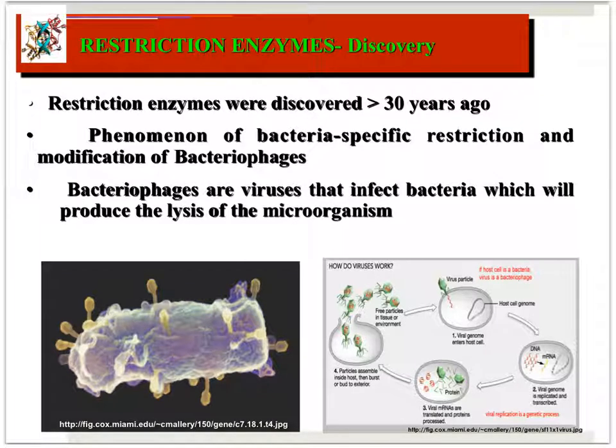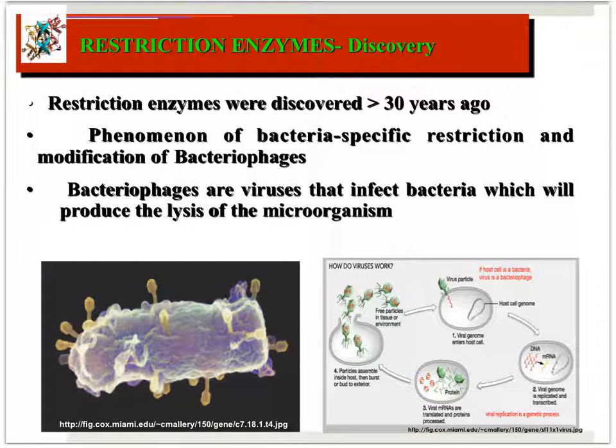So we have known about these enzymes for more than 30 years. But what are they? These are enzymes that restrict access of viruses, bacteriophages. Bacteriophages are viruses that infect bacteria.